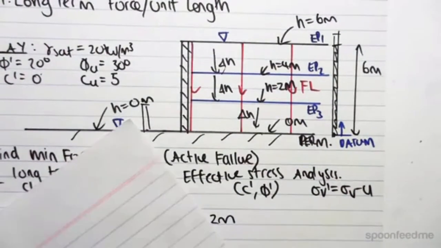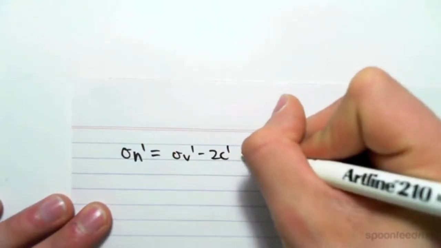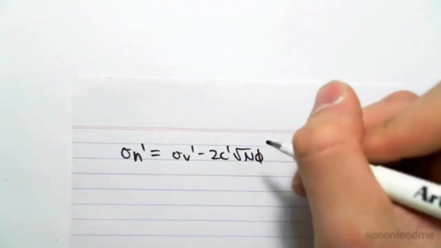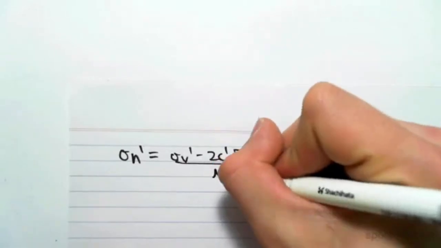So now we can go and find what we need to find. So we know that for an active failure, and if we're doing effective stress analysis, sigma H dash equals sigma V dash minus 2C dash square root N phi on top of N phi.